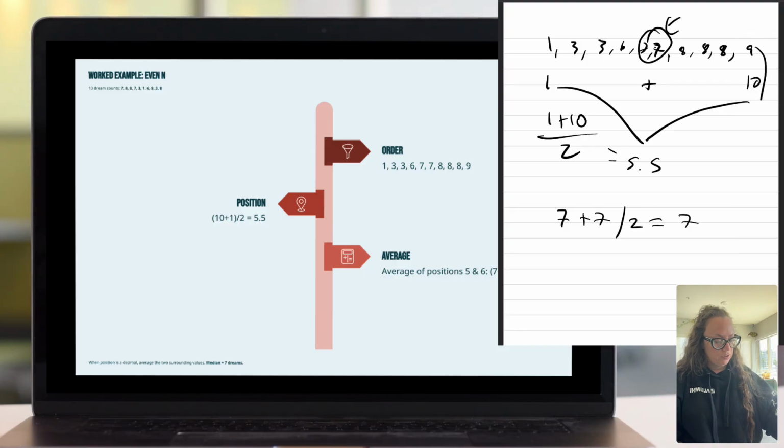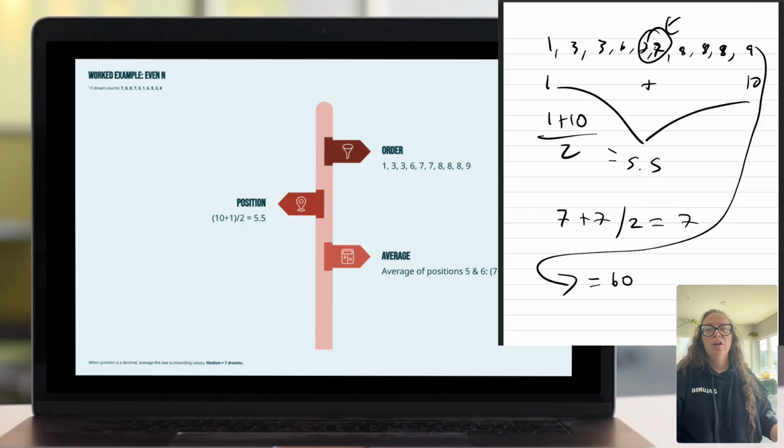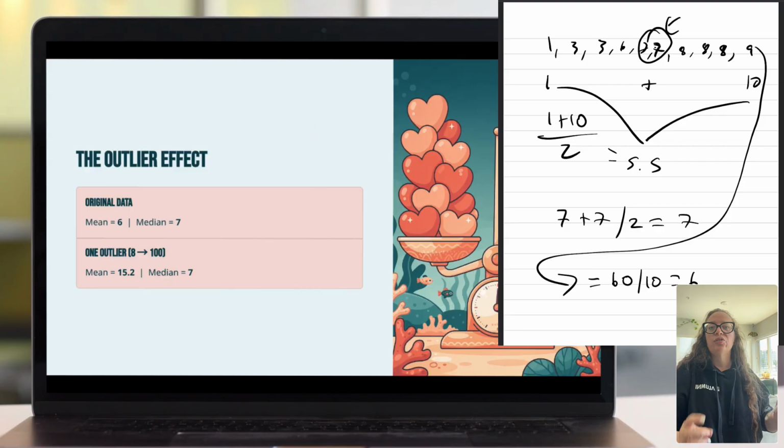So all of these together, I'm just going to put it right here, the sum of the totals equals 60, okay? And then there's 10 values, so 60 divided by 10 equals 6. That's the mean, okay? The median, the position 5.5 position, the values are 7 and 7, so the median equals 7, okay?